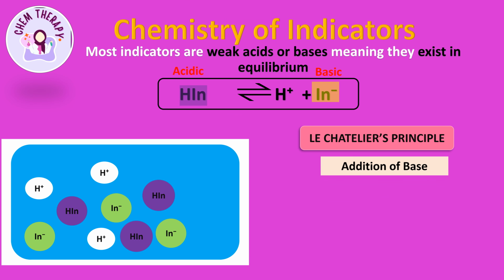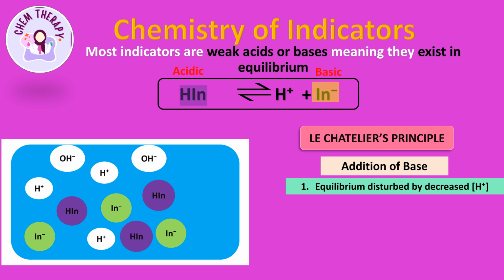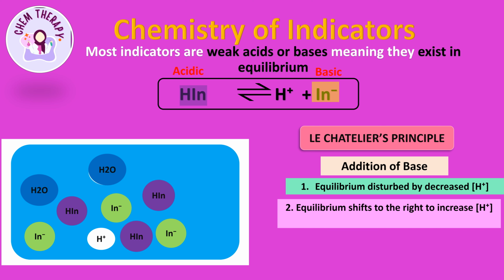But what if we add a base into the solution? Well, adding the base disturbs the equilibrium by decreasing hydrogen ion concentration, because hydroxide ions from the base will combine with the hydrogen ions, forming water. Following Le Chatelier's principle, the equilibrium will shift towards the right to replace the decreased concentration of hydrogen ions.